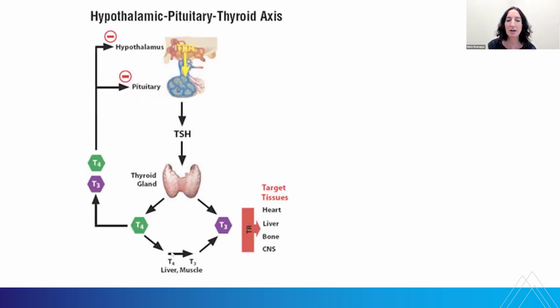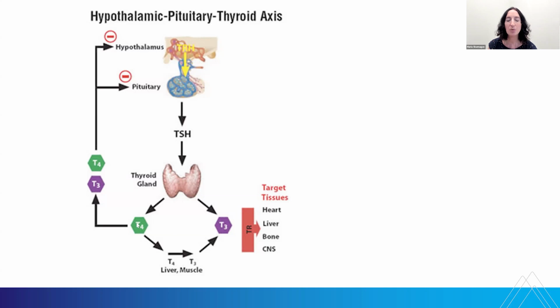So here we're going to go back to our beautiful feedback loop, the hypothalamus, pituitary, and thyroid gland. The thyroid gland makes mostly T4, about 80%, and about 20% the more potent T3. And these hormones act peripherally on pretty much every tissue in our body, including heart, brain, bone, skin, liver.